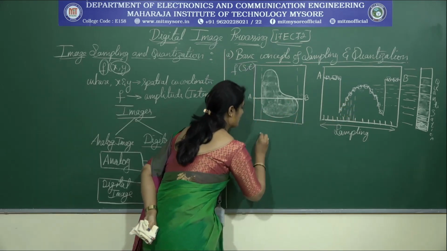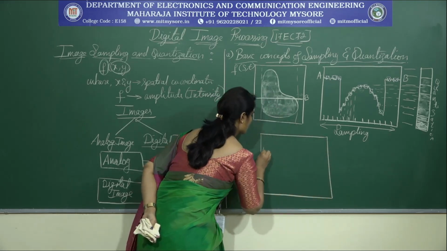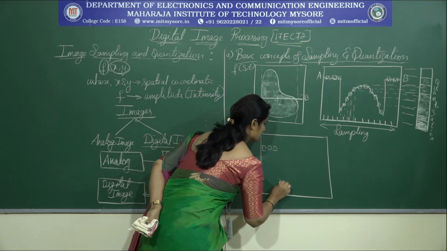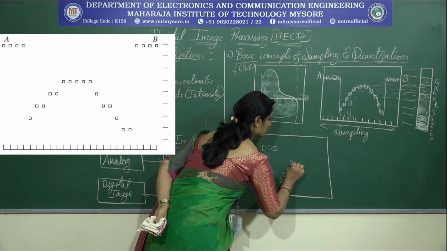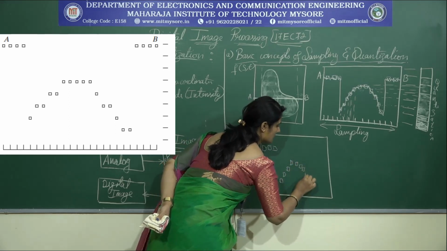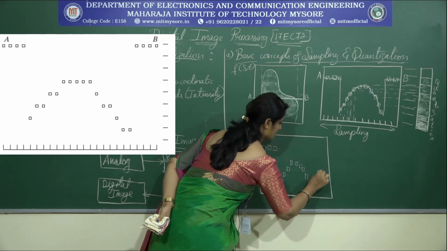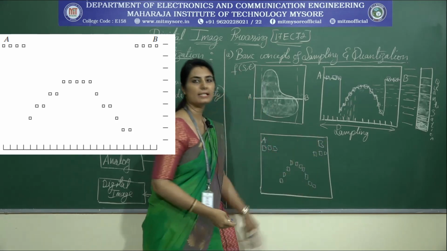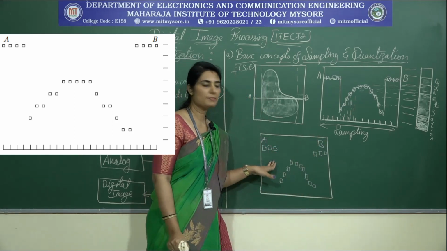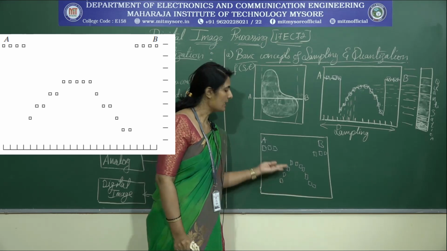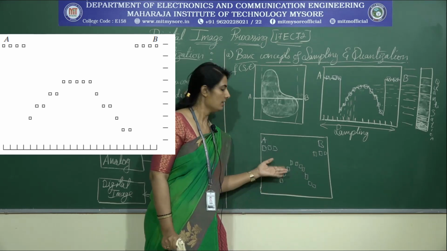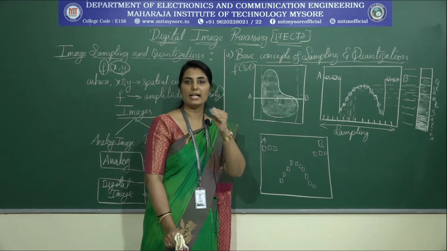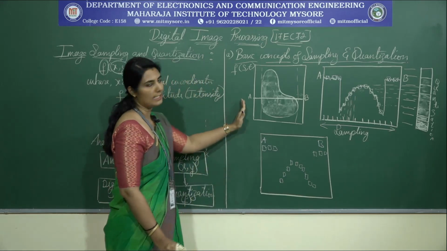Now the resultant image is the digitized samples with respect to spatial location as well as with respect to intensity levels. So performing this operation starting from the top of the image line by line results in the digital image.